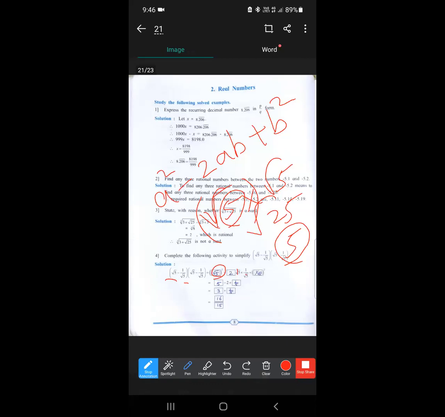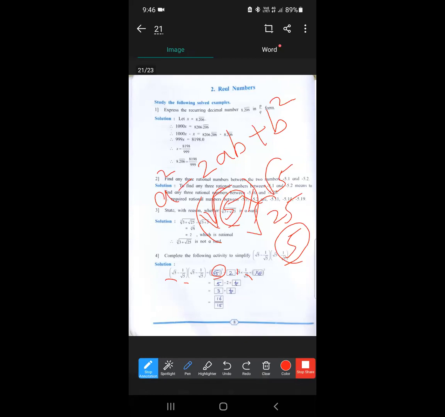This root 5 and this root 5 will get cancelled. So 2 into 1 is 2, plus 1 upon root 5 whole square: 1 square is 1 and root 5 square is 5. So 5 minus 2 plus 1 upon 5. So 5 minus 2 is 3, plus 1 upon 5.